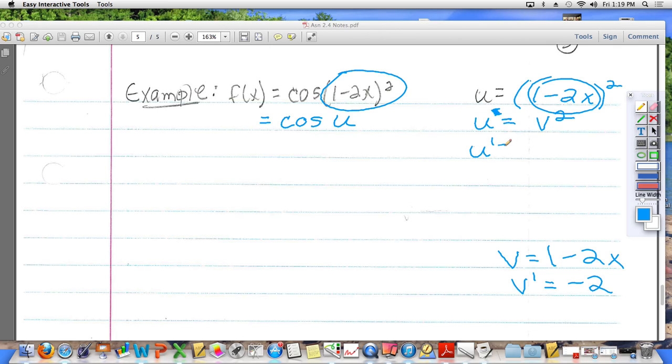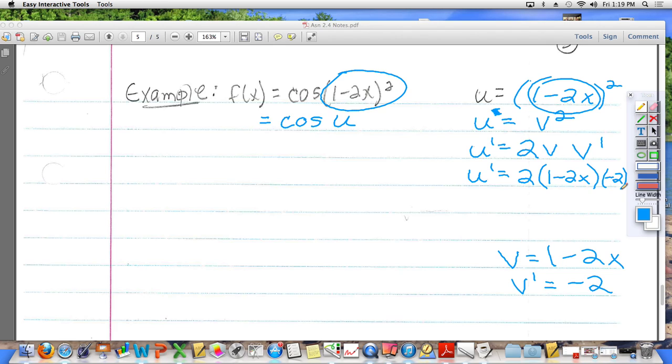Okay, keep going. 2v times the derivative of v. So u prime is actually 2 times v, which is 1 minus 2x, times the derivative of v, which is negative 2.